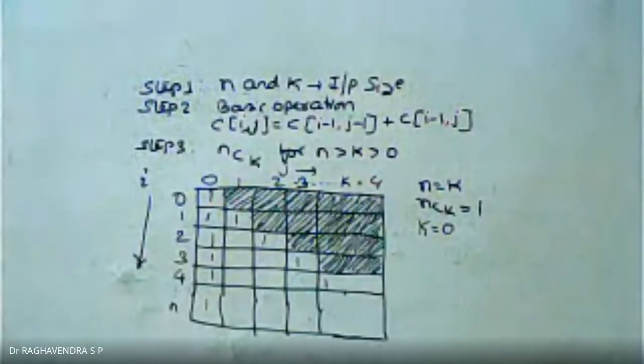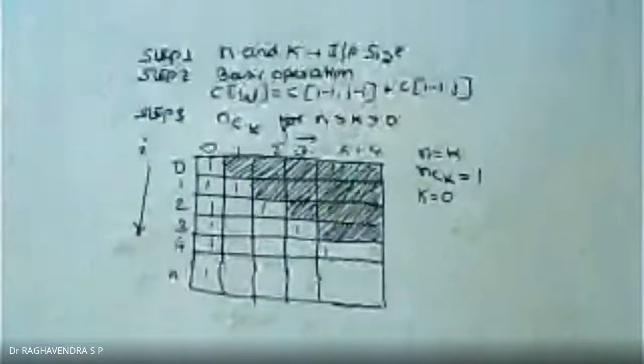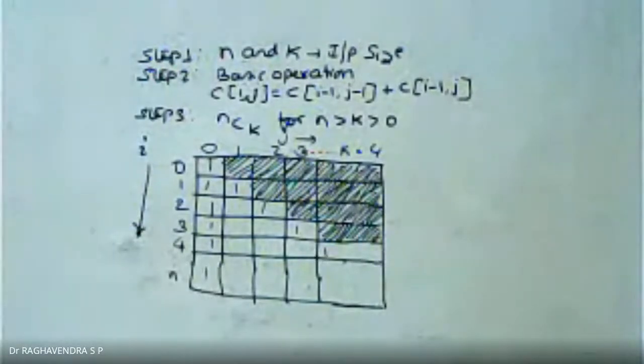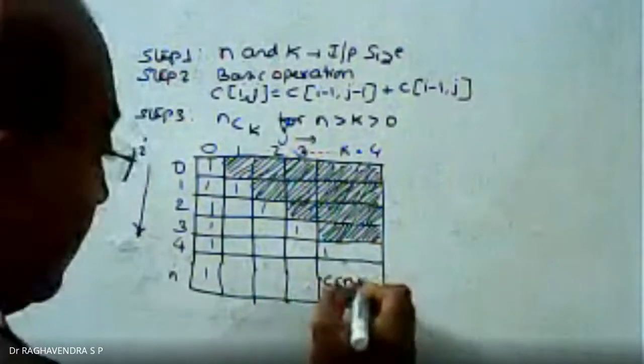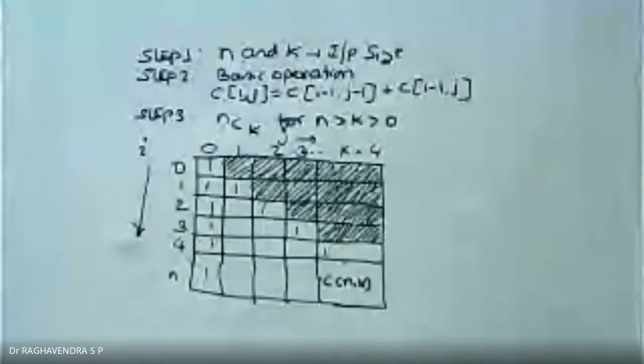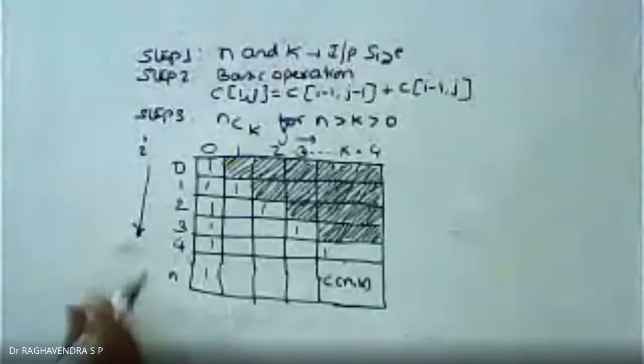So this is c of n comma k. Did you note down the table? Yes, sir.